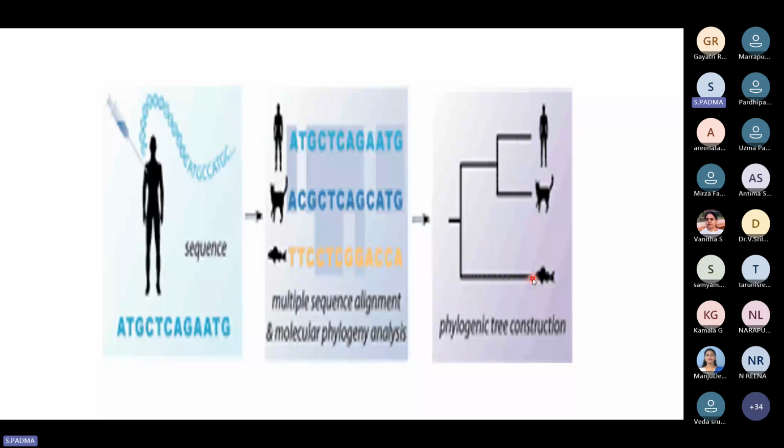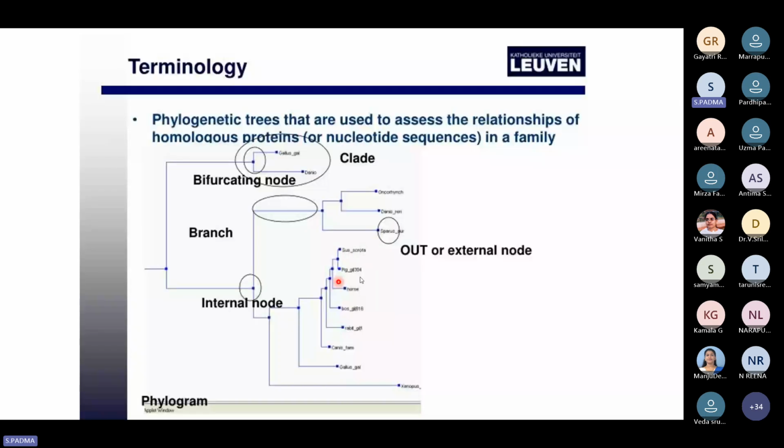So what are the types of nodes we have? We have an internal node, a bifurcating node, and an external node. You can see that in this case, this is an external node. If you take this particular window here, this is an external node. Why is this an external node? This is Xenopus. What is Xenopus?